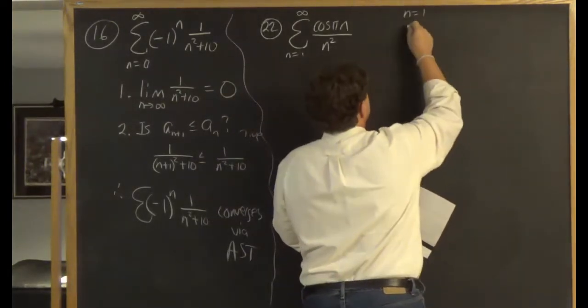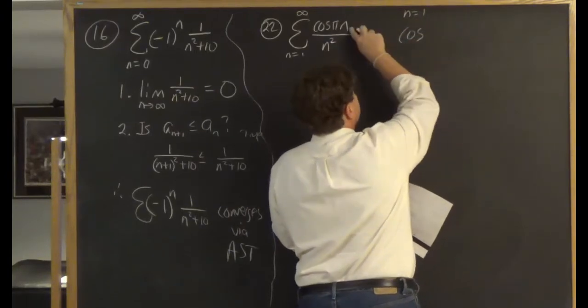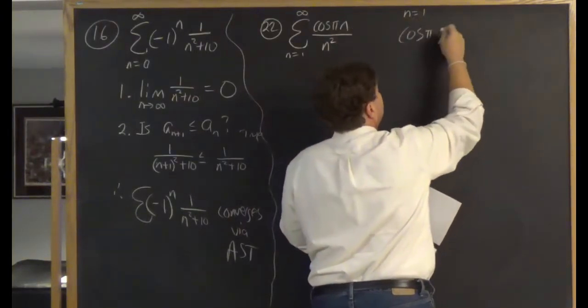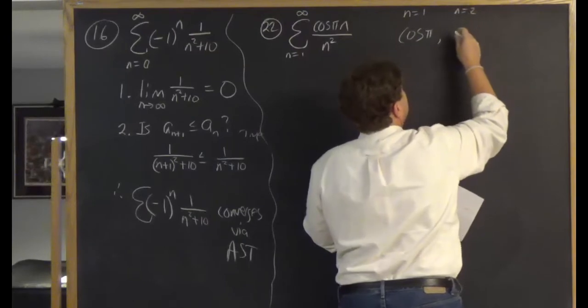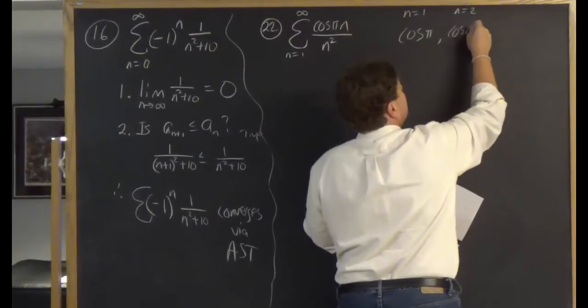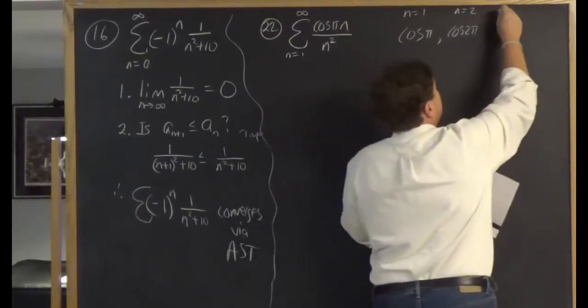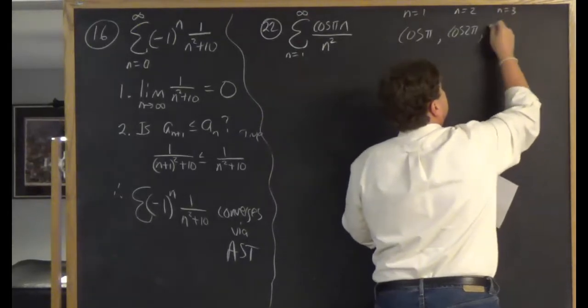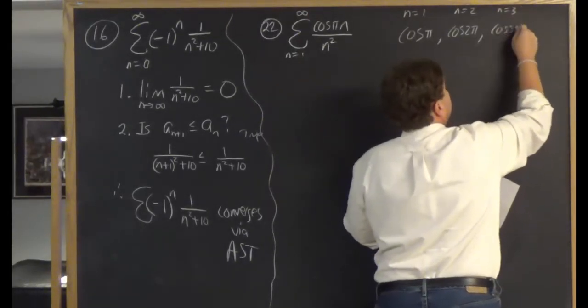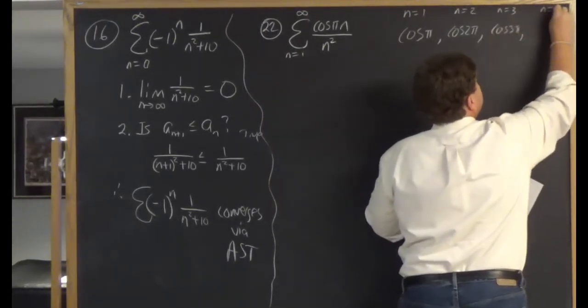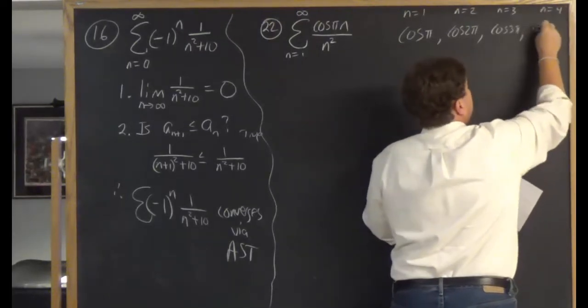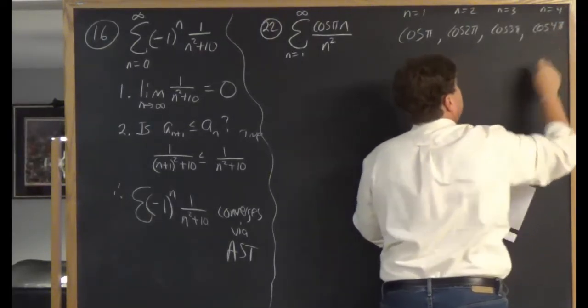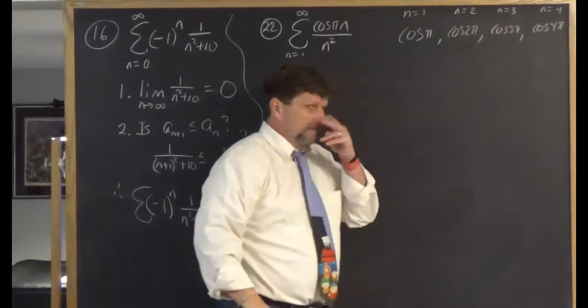So for n equals 1, it would be cosine of pi. For n equals 2, it'd be the cosine of 2 pi. For n equals 3, it'd be the cosine of 3 pi. I have just enough room to write down when n equals 4, it'd be the cosine of 4 pi.